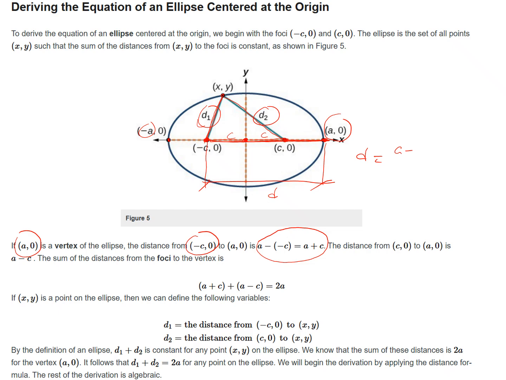So from here to there, from this point to this point. So a minus c, which is equal to a plus c.